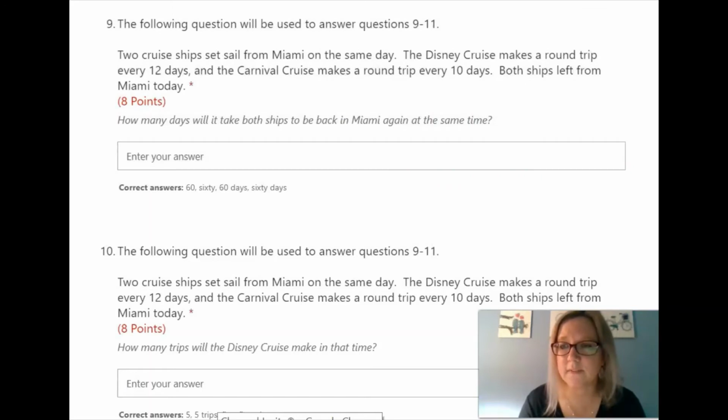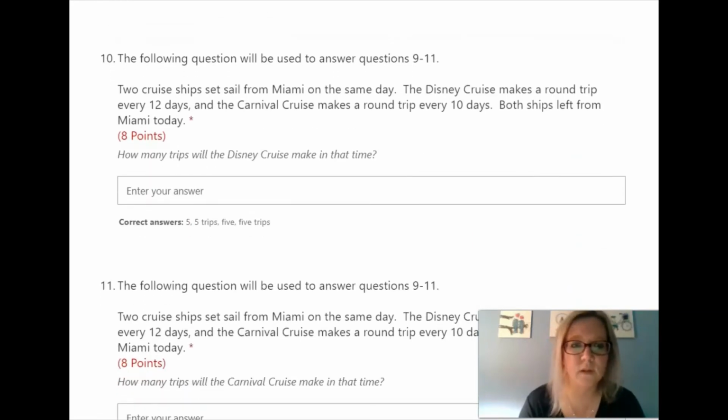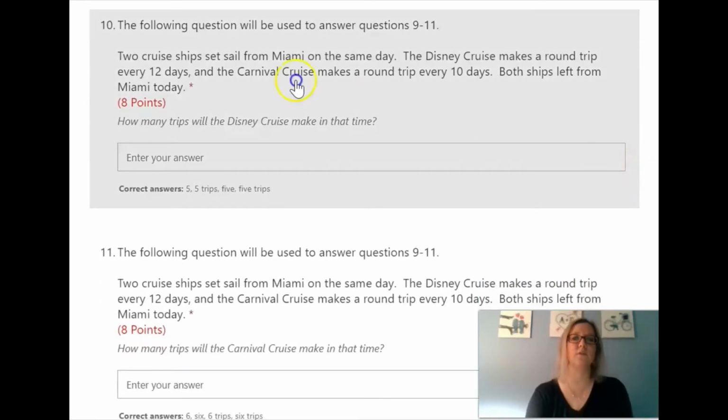All right, number 10 says how many trips will the Disney cruise make in that time? Well again, go back to the problem and see what makes sense. If the Disney cruise makes a round trip every 12 days, and it's going to take them 60 days to be back, 60 divided by 12 means it will take them 5 trips.